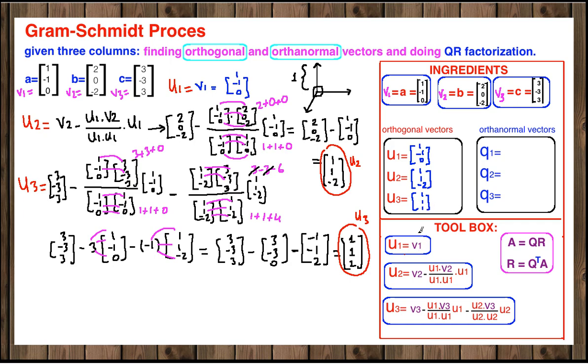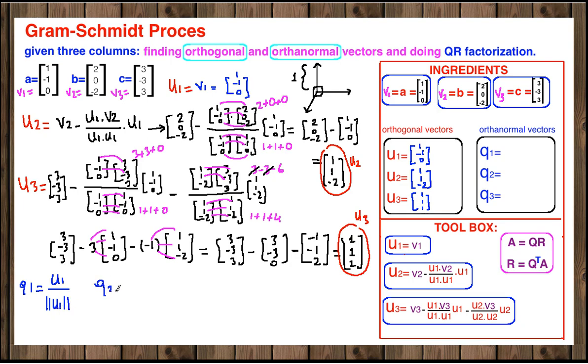Now we're going to find 3 orthonormal vectors, which have length 1, Q1, Q2, Q3, by dividing each orthogonal vector by its length. So our Q1 is given by U1 over magnitude of U1.